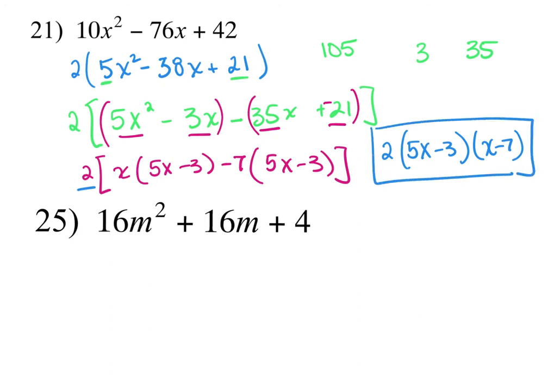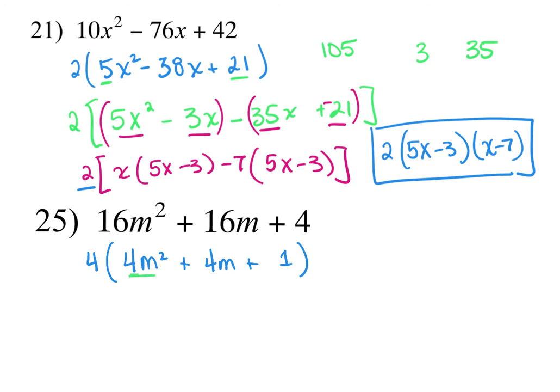Number 25. First thing I look for, do I have a common factor? I do. What is my common factor? It is a 4. So I have 4 times m squared plus 4m plus 1. All right? So there's a couple ways you could do this. The first thing is you have perfect squares. Do you not? Yes?